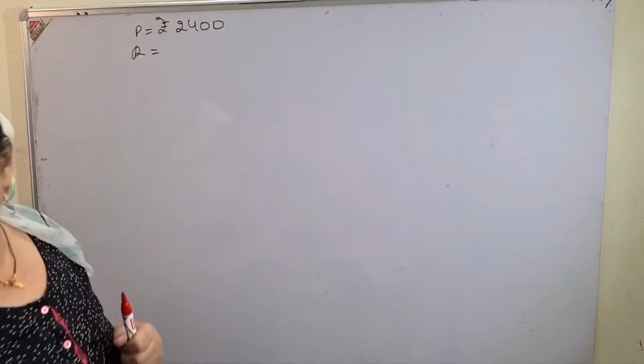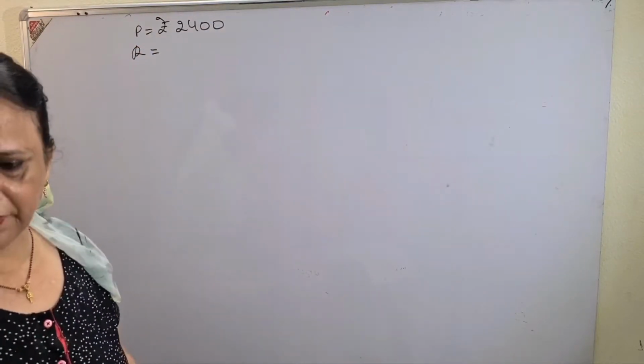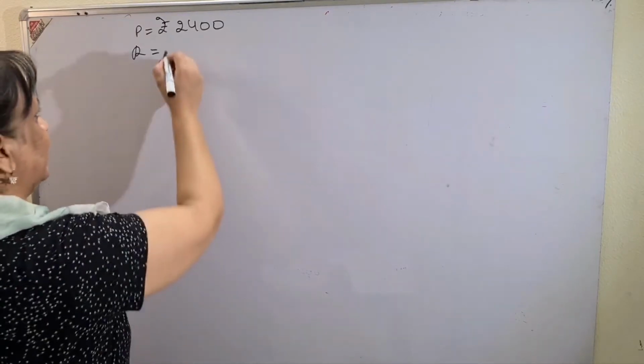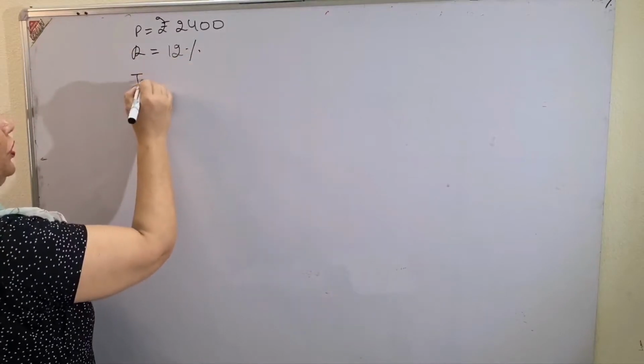Rate is also given, 12% per annum CI. So rate is 12%, and of course the time is given as 2 years.